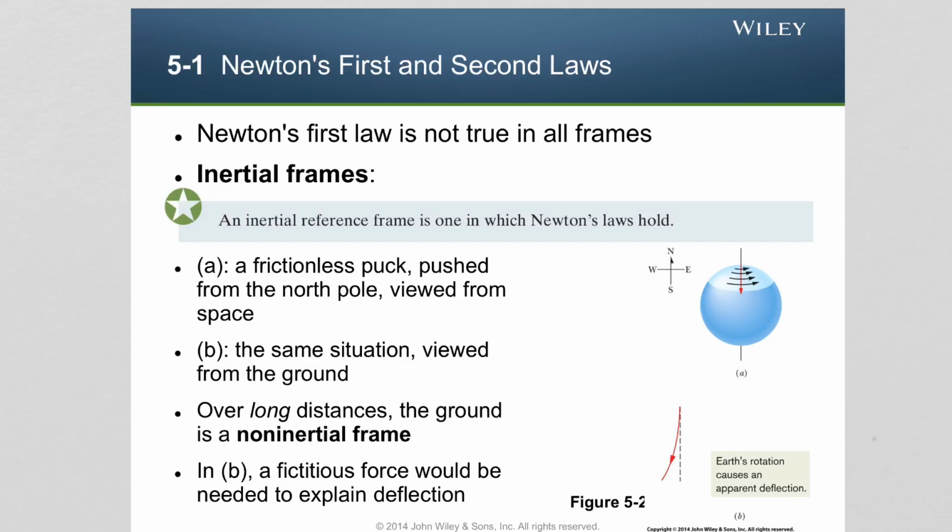What do you feel? You feel as if your body wants to come out of the car or is pushing against the door of the car. But why is that? The reason is that the car itself is an accelerating reference frame for your body.